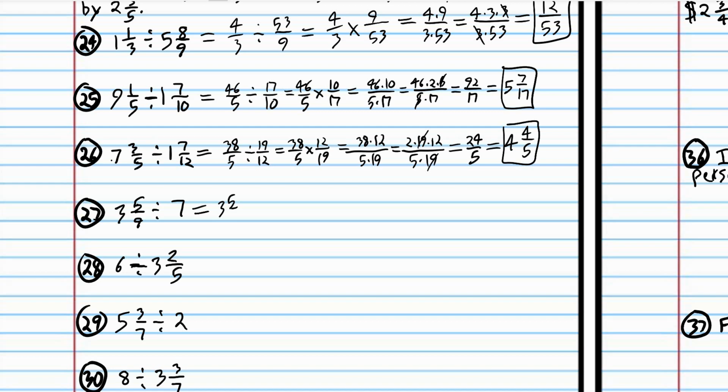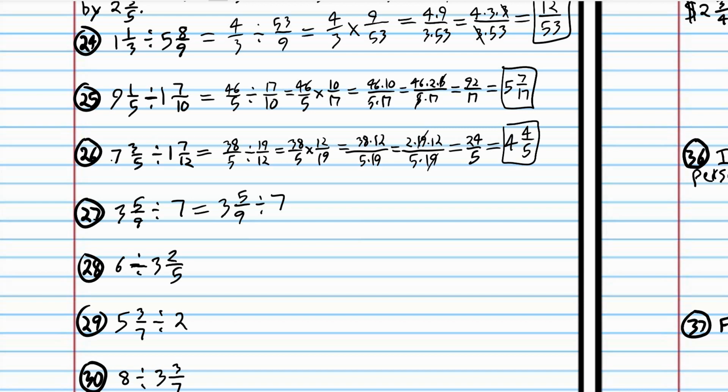So 3 5/9 divided by 7. So I'm writing the exact same thing, except, I'm sorry, I should write more legibly. All right, 3 5/9 divided by 7. So I just wrote the same exact thing, right?